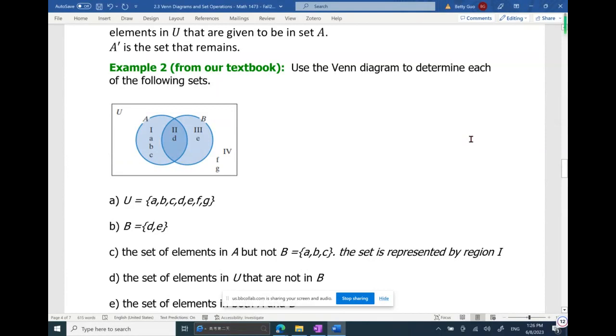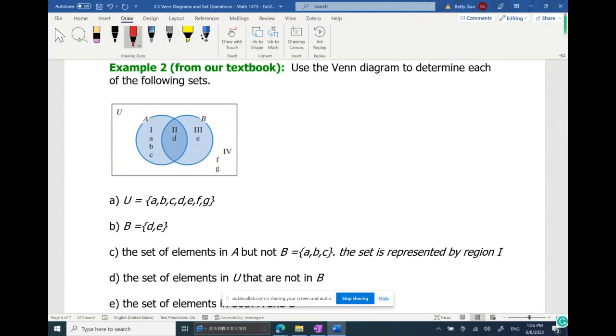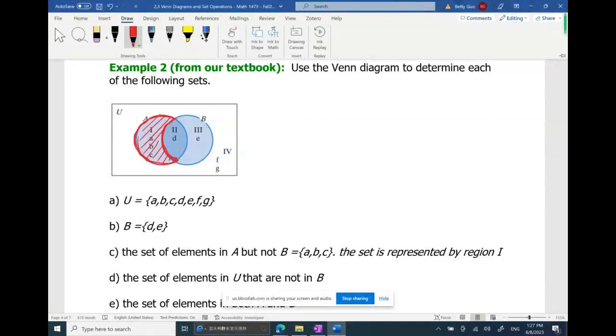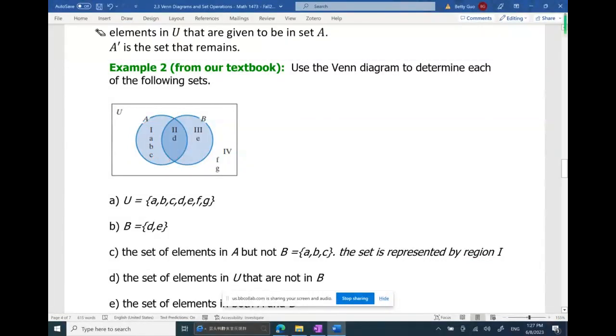It's like a moon, right? Let me highlight it for you. This region in the Venn diagram represents the set of elements in A but not in B. From the circle A, we cut off the part belonging to B, and the rest of the region represents the set of elements in A but not in B. So it's represented by region I.